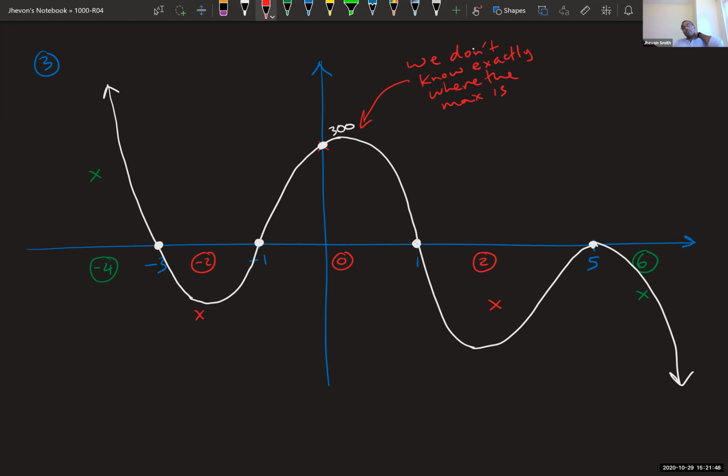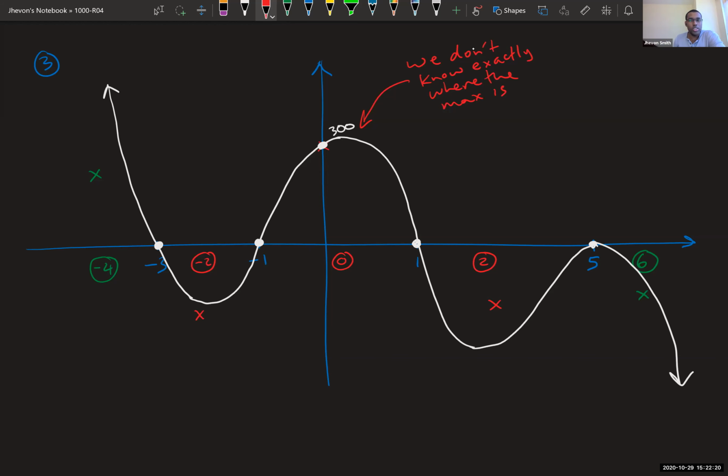It is true that for quadratics, if you have 2 x-intercepts, the vertex is always in the middle between them. So if this were a quadratic that went through -1 and 1, you could know for sure that the vertex would happen on the y-axis. However, in this case, it's not a quadratic, and that does not work if it's not a quadratic, right? So I don't know exactly where the peak is. It could be a little bit to the right or to the left of the y-axis.